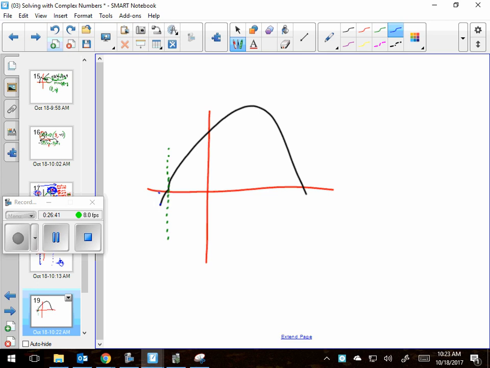And then as your original function got really small, the other one would get really big. And then I can't tell whether or not it hit 1 or not. If it happened to hit 1, that'd be pretty handy. Because if it hit 1, like right there, which is what we would probably do on a test because 1s are so important, let's say that that's 1 right there, or in this case -1, then it would have to touch right there and get closer and closer to the asymptote line. Why is it going away? Because as this is getting really small, this has to get relatively really big, therefore heading downwards.